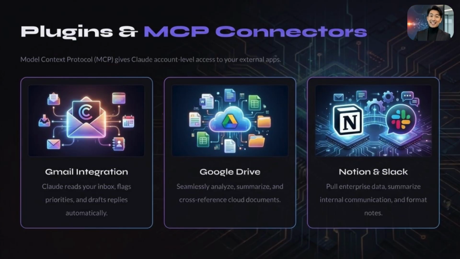Connect Gmail, and Claude can read your inbox and draft replies. Connect Google Drive, and it can seamlessly analyze cloud documents. Connect Notion, Slack, or Figma, and Claude can pull data, summarize threads, and analyze design specs. It transforms Claude from a closed-off brain into a fully integrated digital employee.